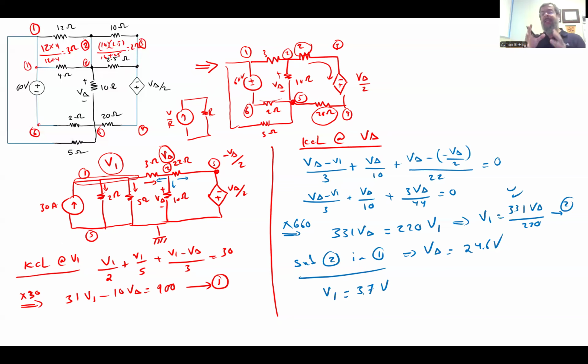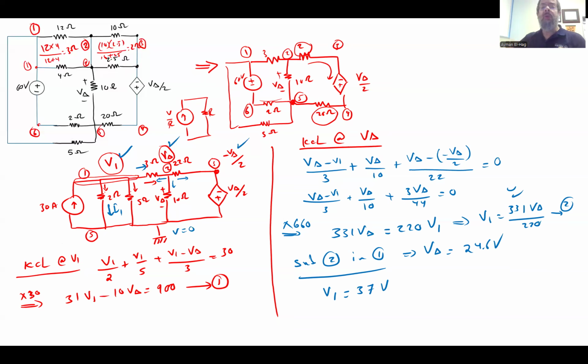Now, the whole idea of nodal is that once I know the node voltages, I know this node voltage, I know this node voltage, I know this node voltage, and I know this is equal to 0. If the question, for example, asks what is the current in this branch, what is I1, it's V1 divided by 2. Very simple. If it asks what is the current here, it is V1 minus V delta divided by 3.